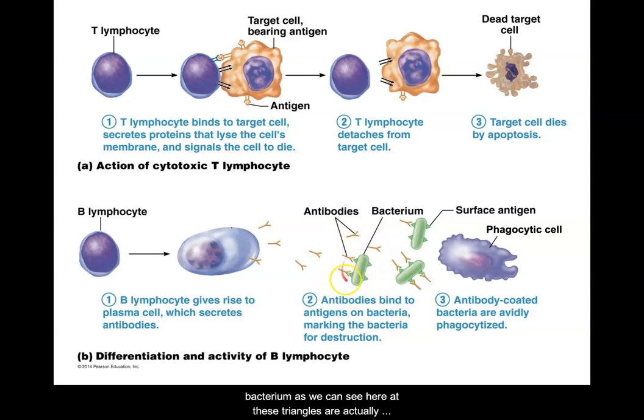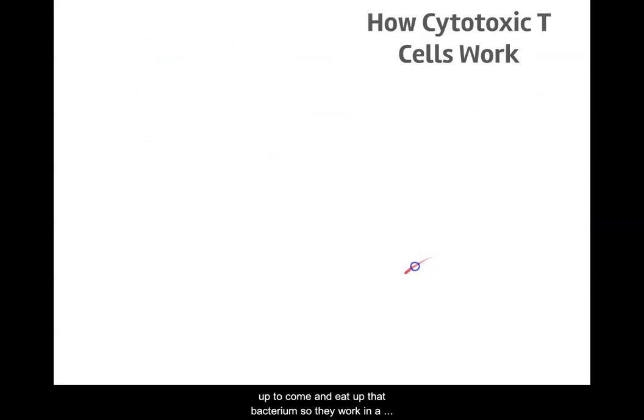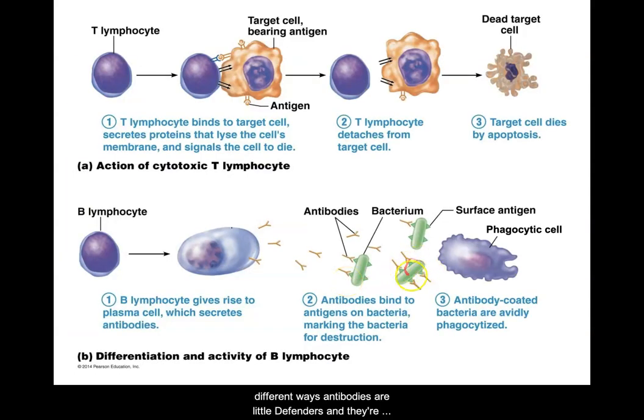They bind to the bacterium, and these triangles are the antigens on the surface of the bacteria that the antibodies recognize. The antibodies coat that substance. It promotes a phagocytic cell, maybe a neutrophil, maybe a macrophage, to come and eat up that bacterium. So they work in a different way. The antibodies are little defenders, and they're not going to actually kill the target cell initially, but they promote different methods to have it destroyed by other components of the immune system.